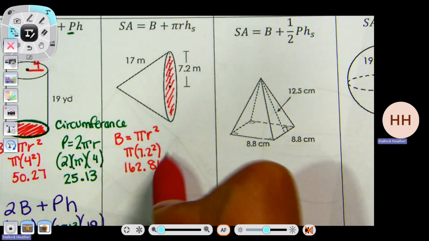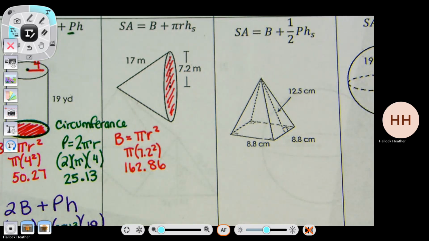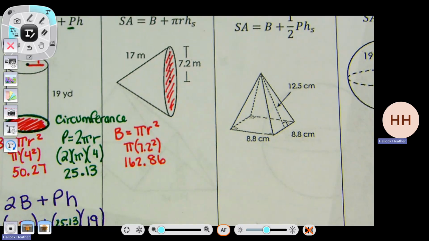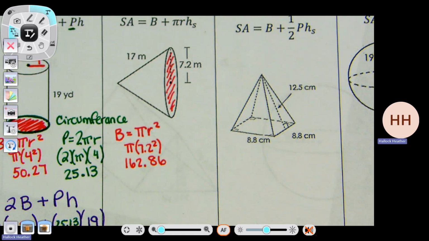We'll say 8.6. Okay, that's B. Do I have to find P? No. So now we're just going to plug in the numbers.